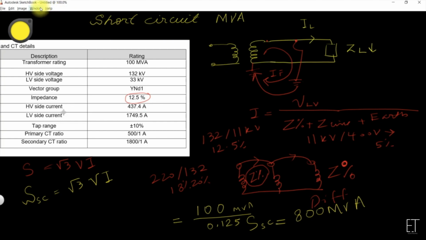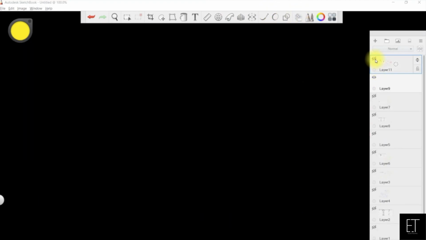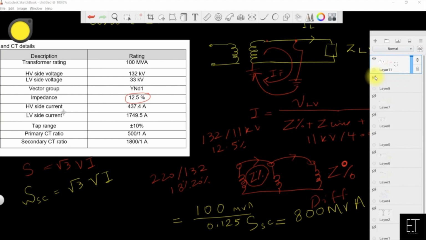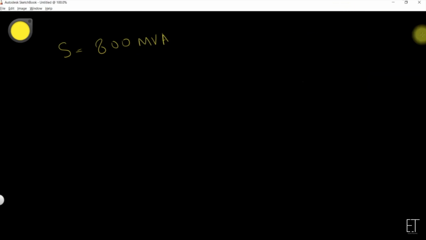It simply means that now we have calculated S equal to 800 MVA, and this is the short circuit impedance of the transformer. This is a 132 kV by 33 kV transformer.